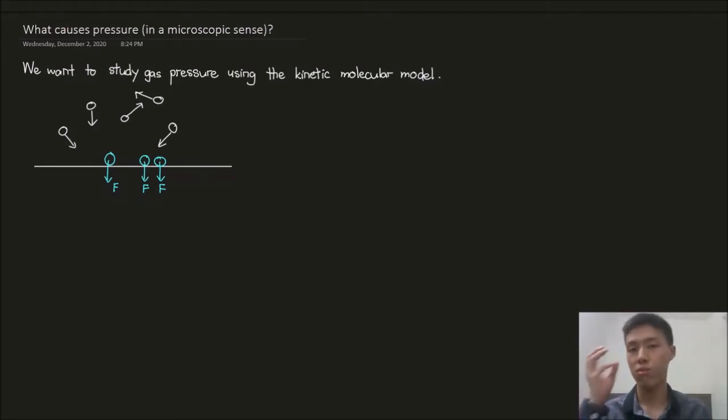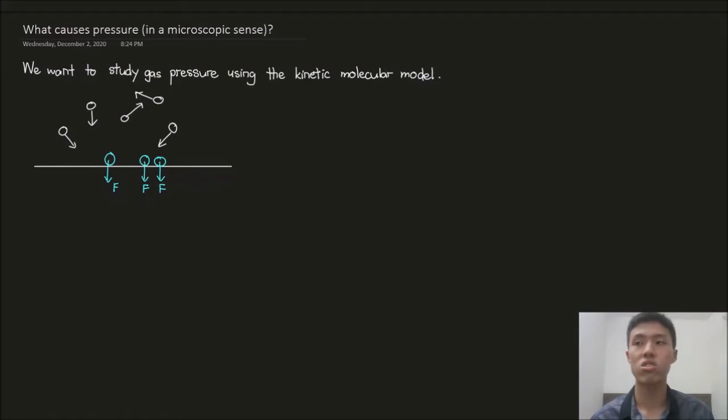So if you are able to find the force exerted by one single particle and you multiply it by all the particles colliding on this unit area of the container, then divide by the area of the container, you are able to get the pressure exerted by the gas particles on the wall of the container.